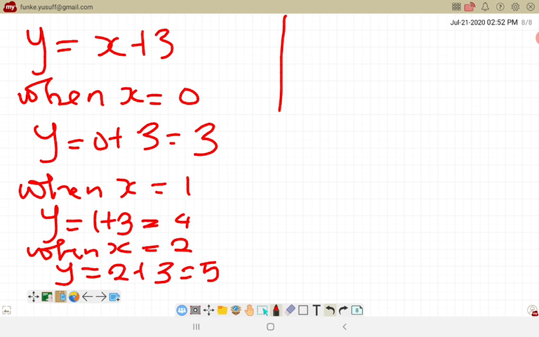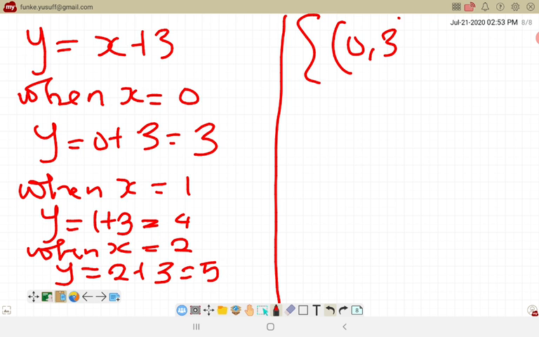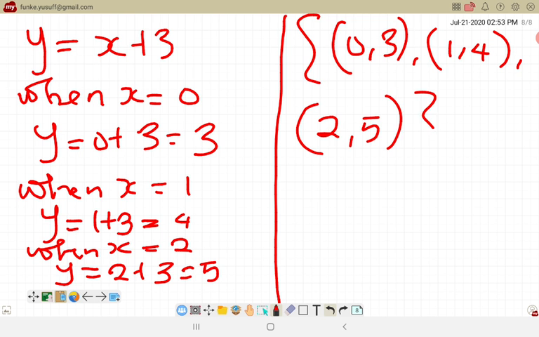So the set of ordered pairs here can be given as (0, 3), followed by (1, 4), followed by (2, 5).